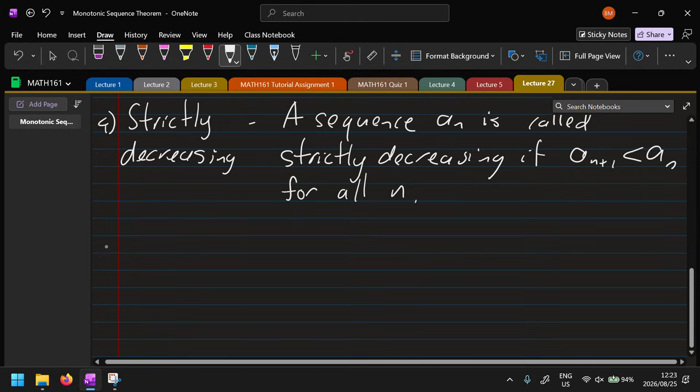A few more definitions. Number five, bounded above.